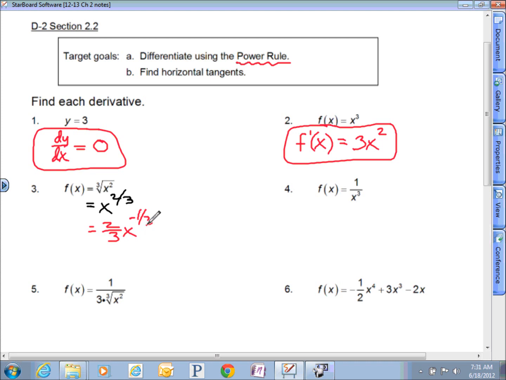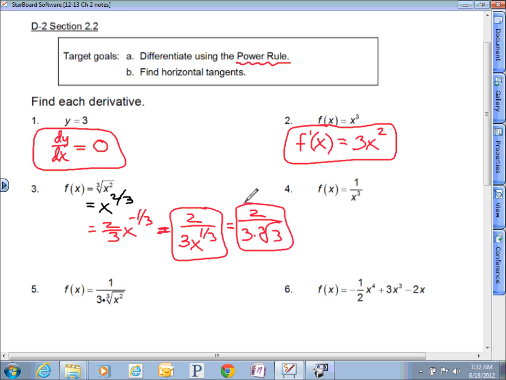You can't leave a negative exponent in the problem, so how about we call this 2 over 3x to the 1/3. That would be a wonderfully acceptable answer. Or if you're not a fan of fractional exponents, 2 over 3 times the cube root of x. So either one of those would be just fine.